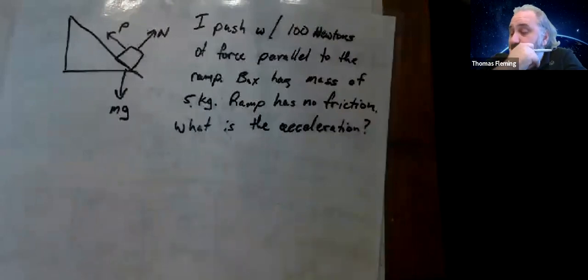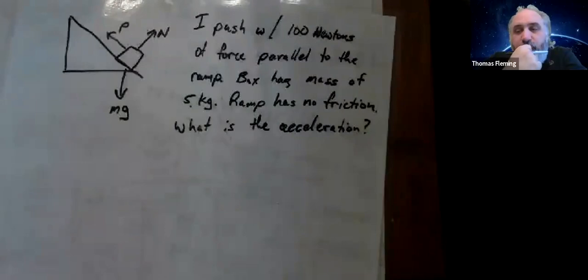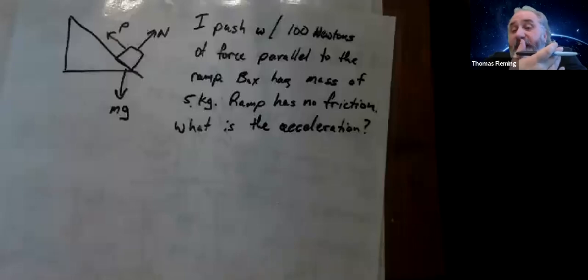Now, are there any other forces acting on this box? Since it's slippery, there is no friction force. Yep, there's no friction. Don't have to worry about that. Is there anything else touching the box?